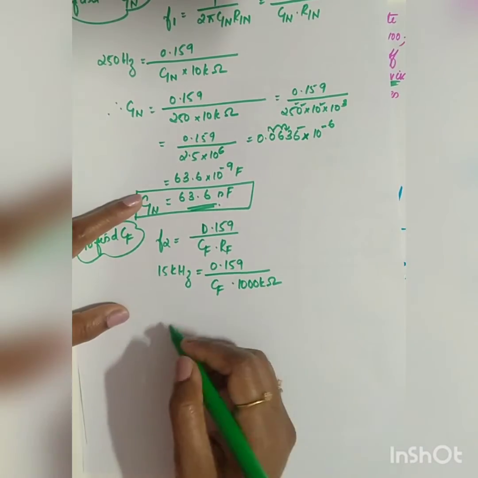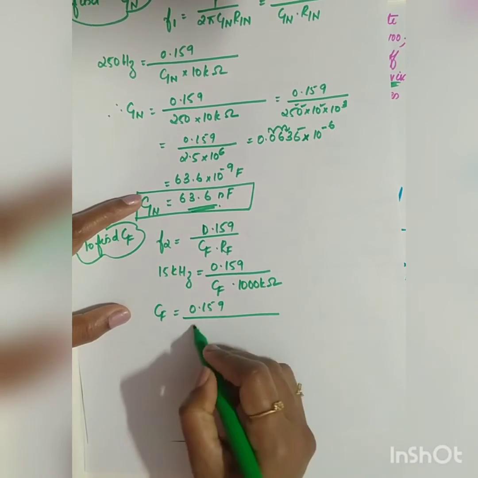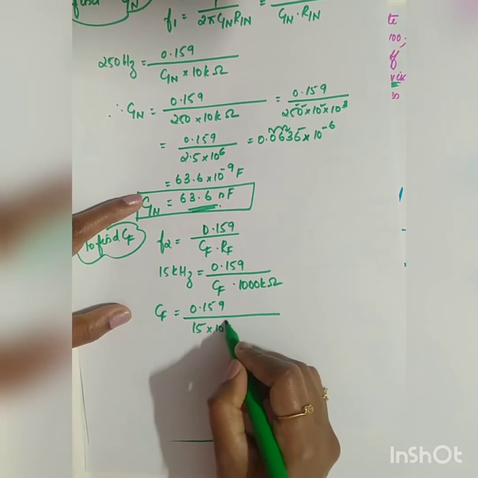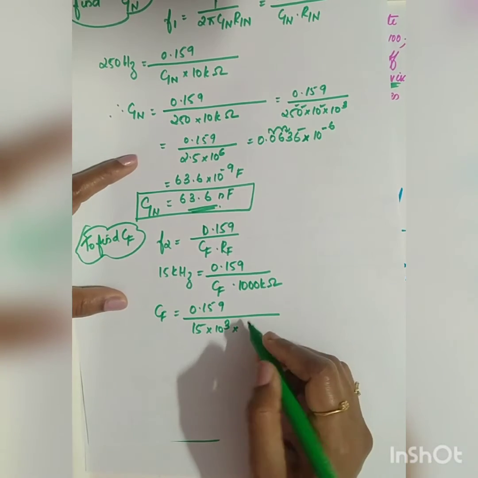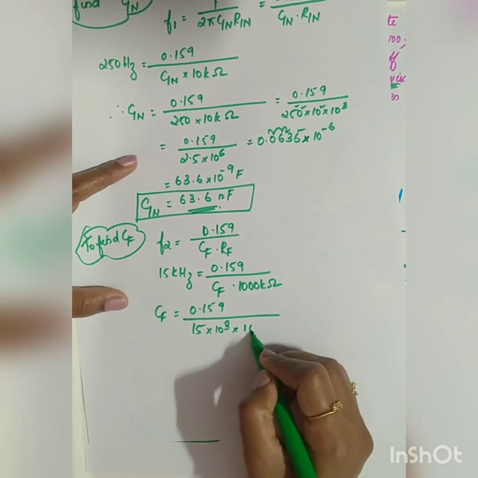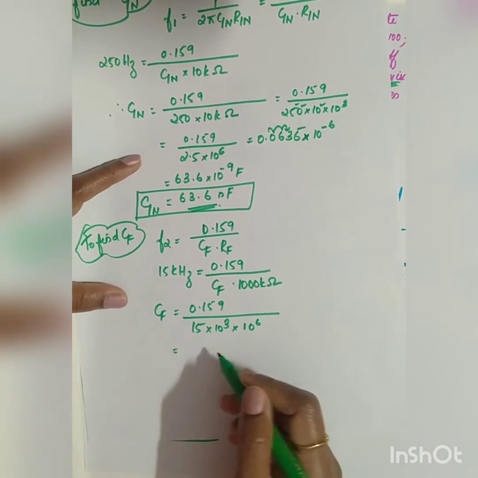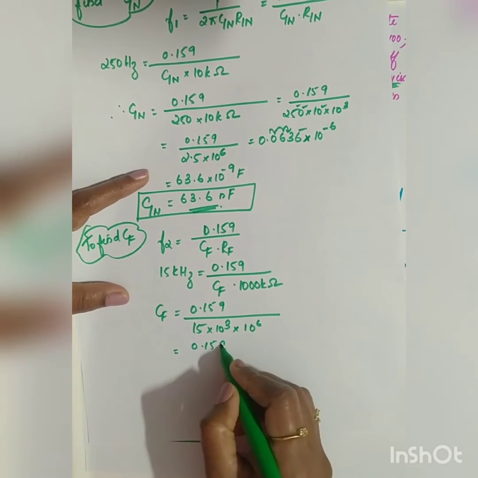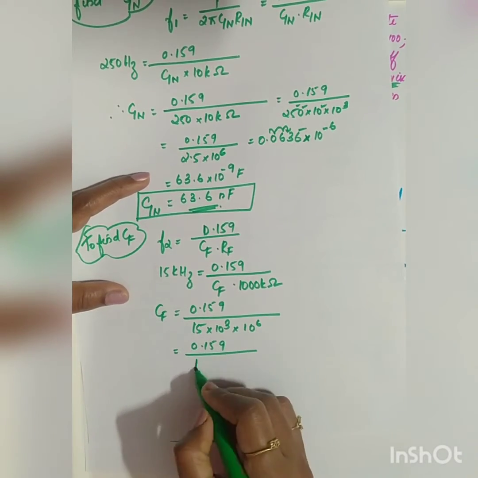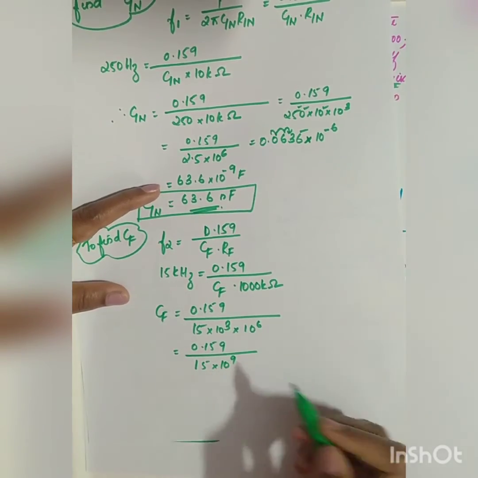So CF is equal to 0.159 divided by 15 into 10 raised to 3 into 1000 into K, which gives 10 raised to 6, so 0.159 divided by 15 into 10 raised to 9.